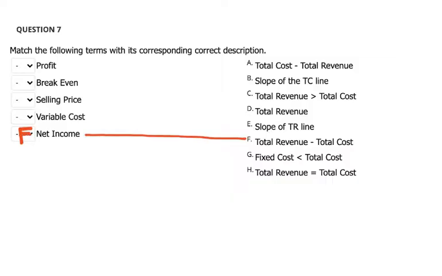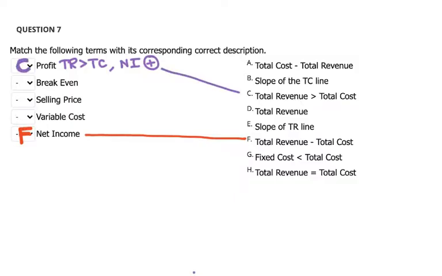That's the net income. Profit is the specific case when your total revenue is bigger than your total cost, and that means your net income is positive. That's called profit. Where do we see that? We see that in part C.